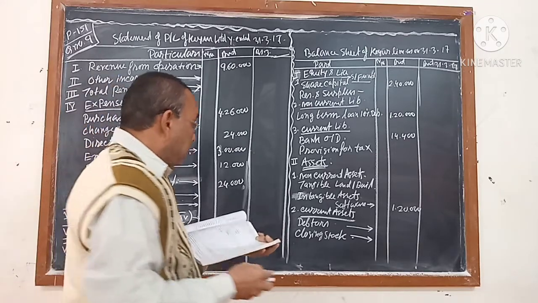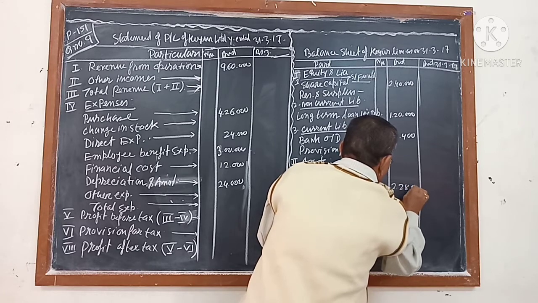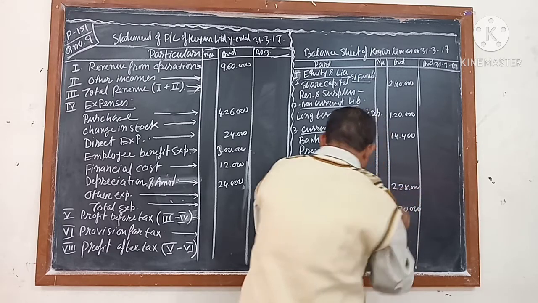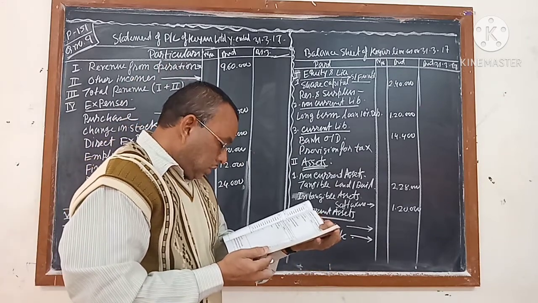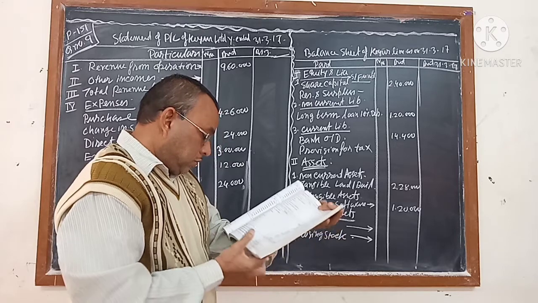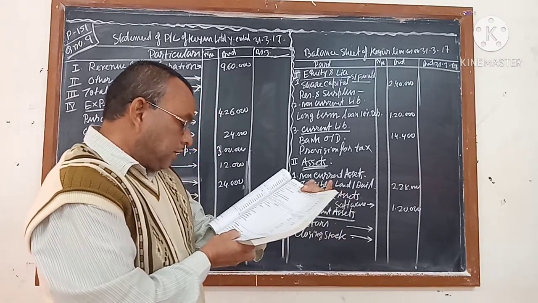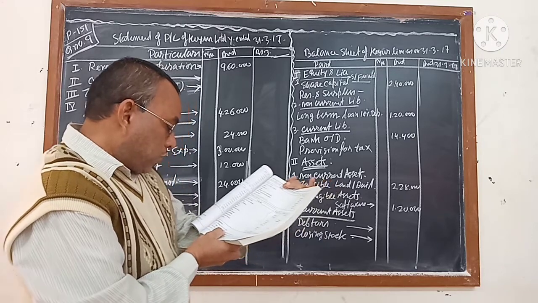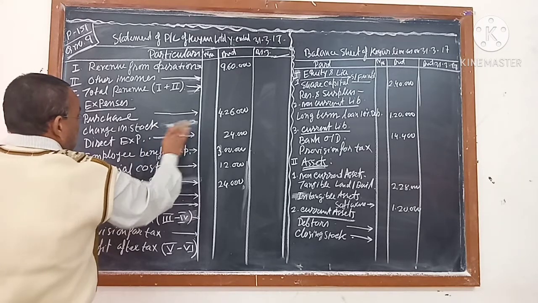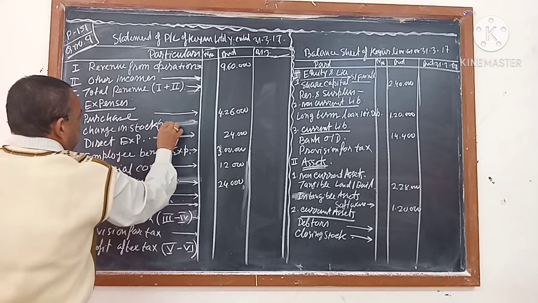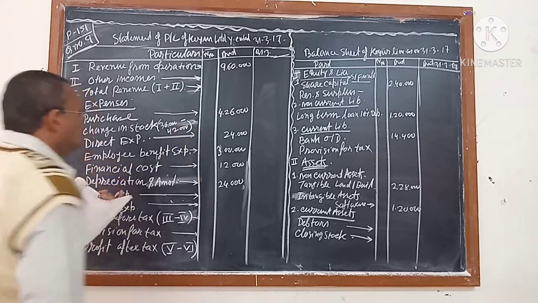Land and building 2,28,000 is given here. Opening stock is given as 36,000 and closing stock is given as 42,000. So here the change in stock is 36,000 minus 42,000. How much are you getting?